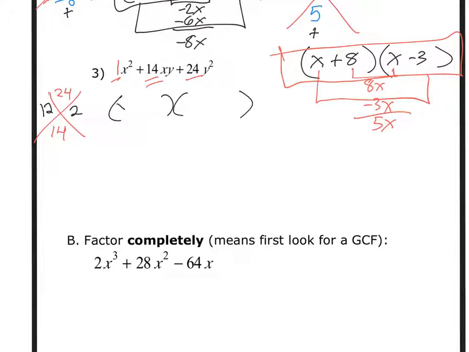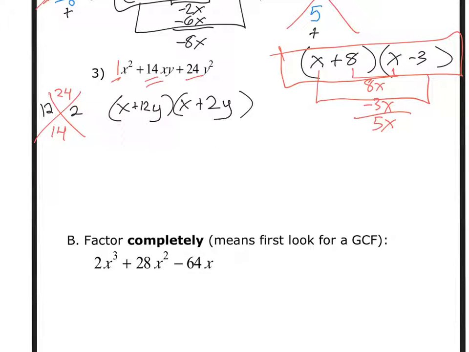We have x times x, because we're going to get x squared. And then plus 12 and then plus 2. So the big question is, wait a minute, how do I get the y squared? What times what is going to give me that y squared? Exactly. Perfect. Thank you.